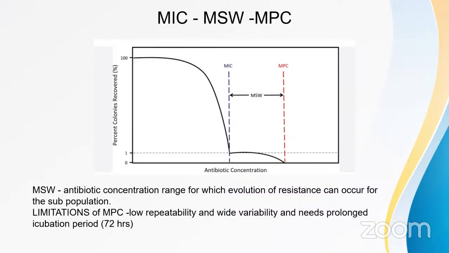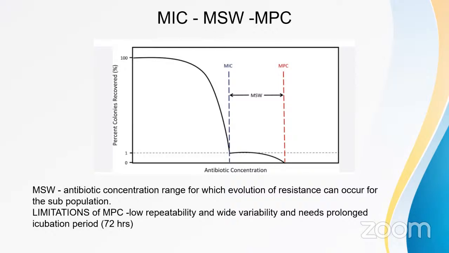The window between MIC and MPC is the MSW, the antibiotic concentration range in which the evolution of resistance can occur for the subpopulation in this window.